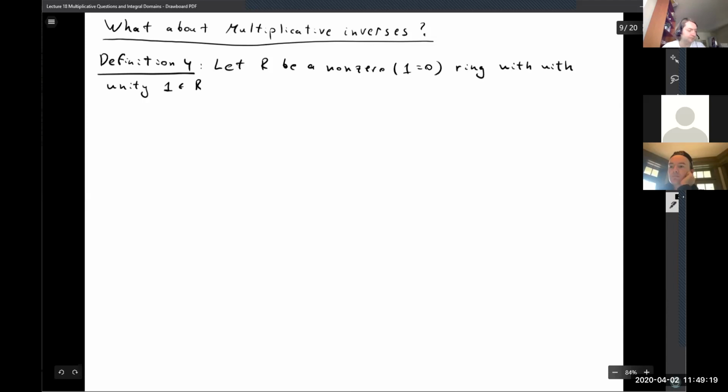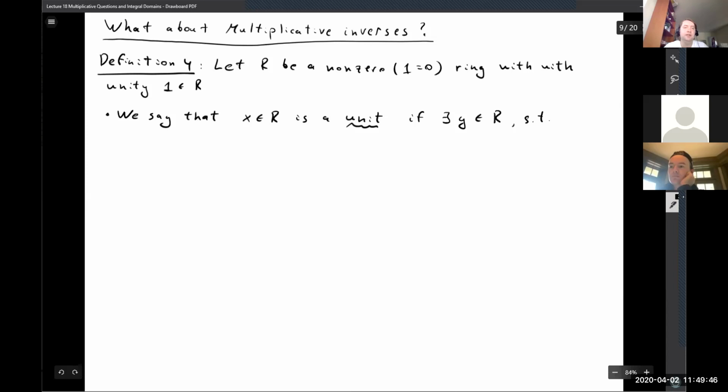Then we say that an element x of the ring R is a unit if there exists an element y in R which is a multiplicative inverse of x.